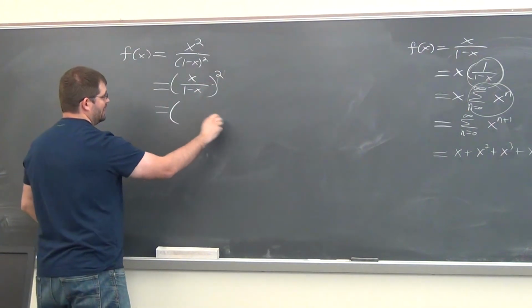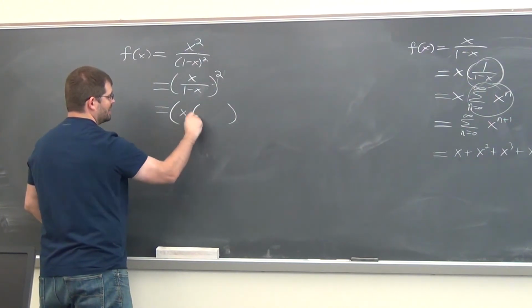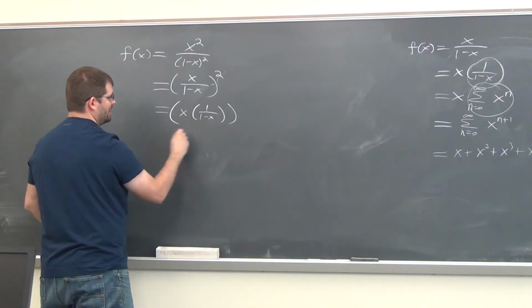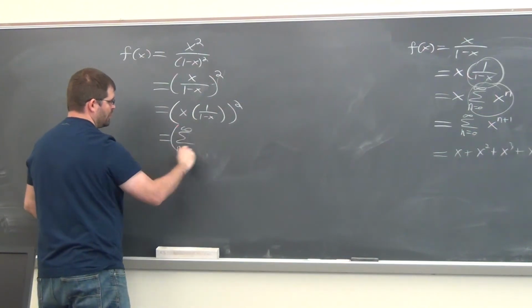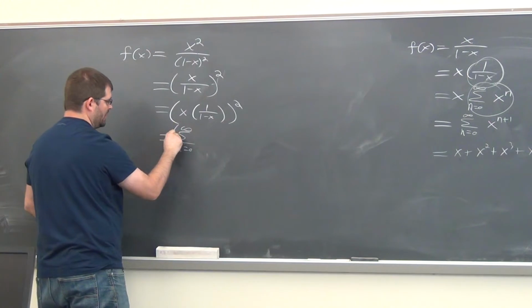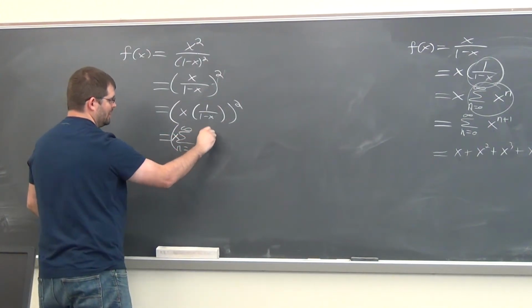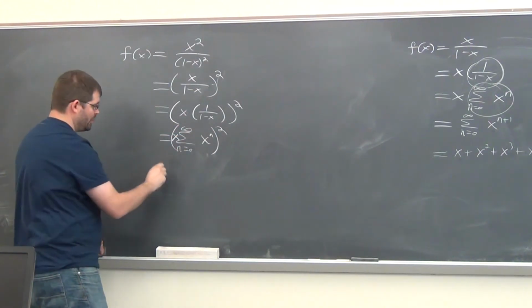Let's look at the inside here for a second. So it's x, 1 over 1 minus x, right? And then we're going to square that whole thing. So, well, let me just write it this way. It's x times this, right?